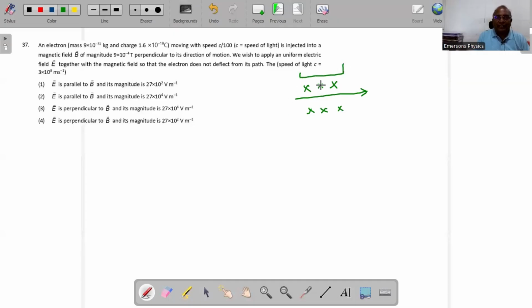So the electric field is applied along the y-axis and the magnetic field along the z-axis. The charge is moving perpendicular, and the condition is that it should not get deflected. That means, we know, the force due to the electric field, eE, equals BeV. This is the electron.